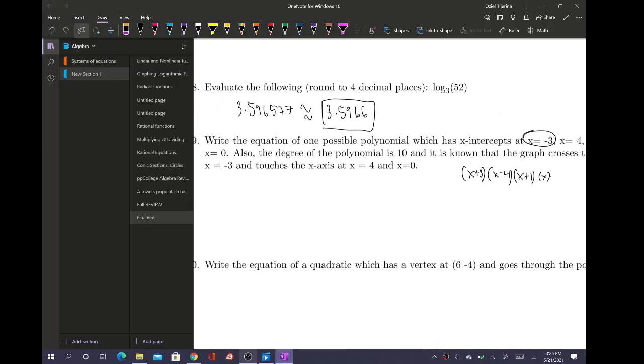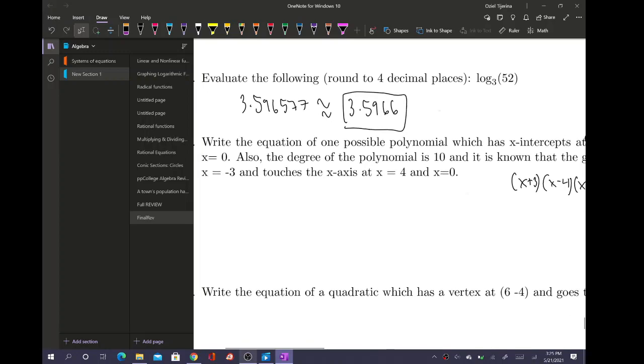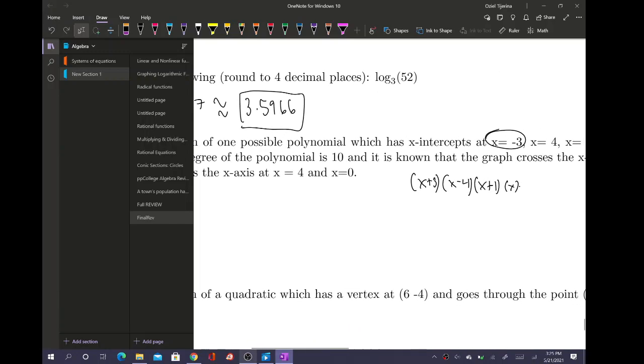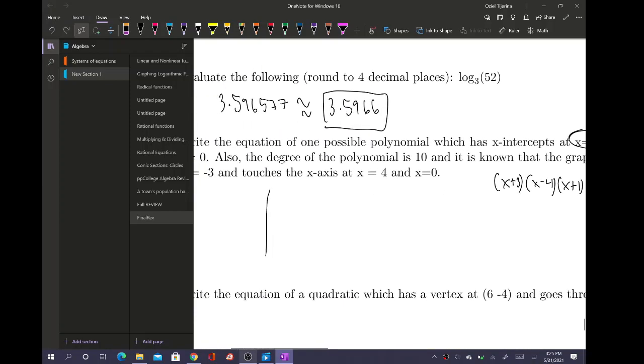However, there's a difference. When it's saying crosses the x-axis, this is what it means. Any polynomial that you have, when it crosses the x-axis, it's actually going through.